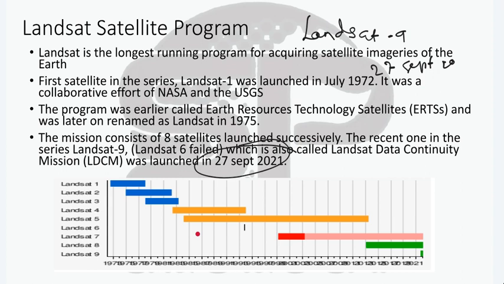So Landsat in total consists of 8 satellites. Okay, because Landsat 6 failed. Otherwise, it would be 9 satellites, but Landsat 6 failed. So now it is 8 satellites. The recent one is Landsat 9, launched in 2021.